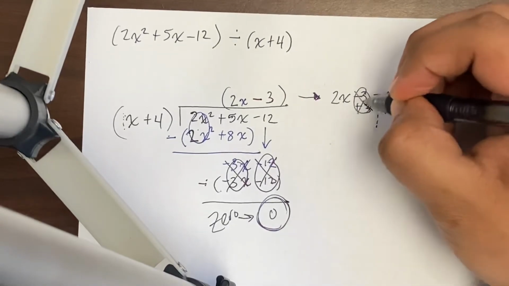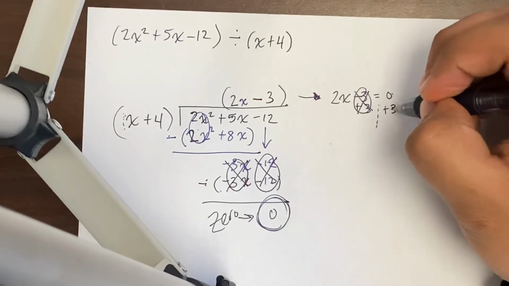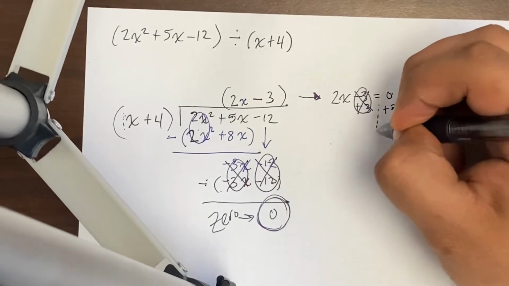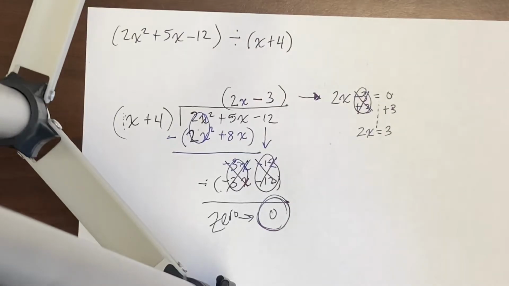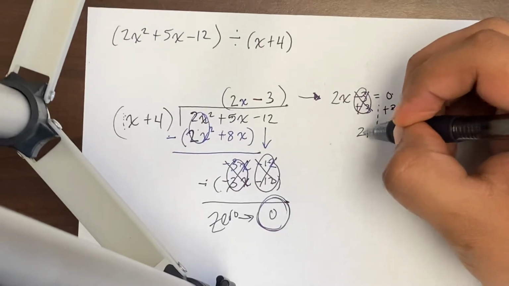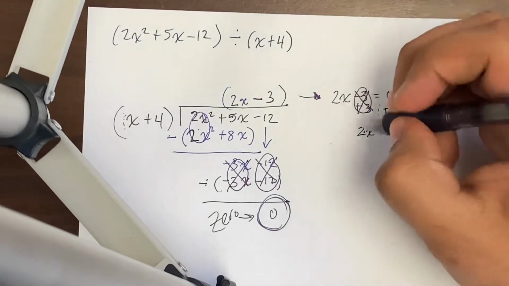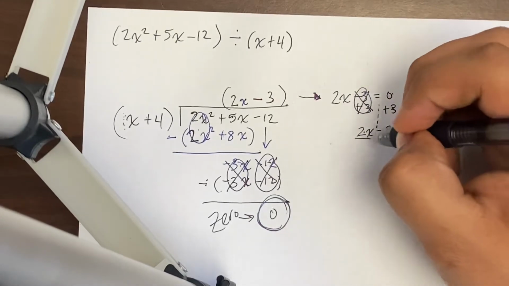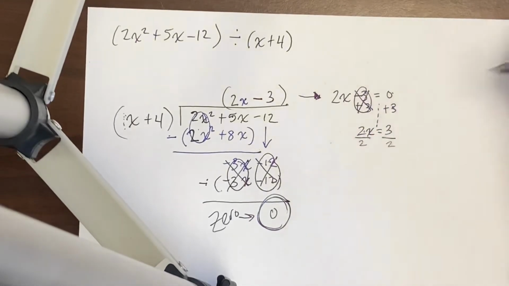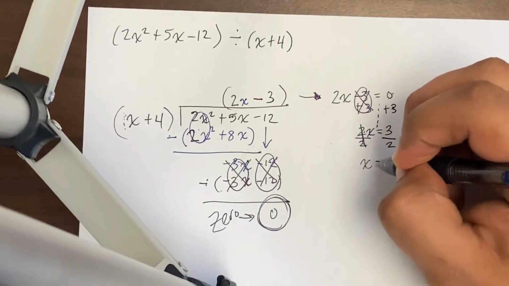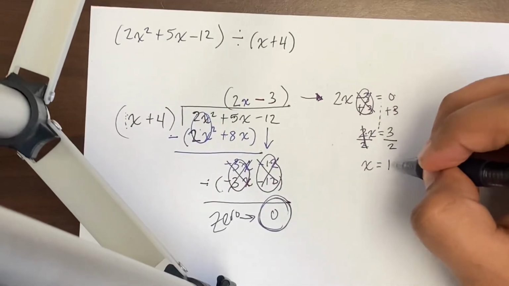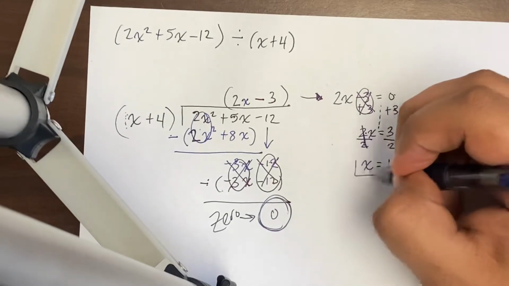These 3's cancel. 0 plus 3 is just 3 equals, bring down the 2. How do I get rid of this 2? It's multiplication, which is married. Gotta divorce it, sorry. Divide by 2, divide by 2. That cancels. Got x equals 3 divided by 2 is 1.5.